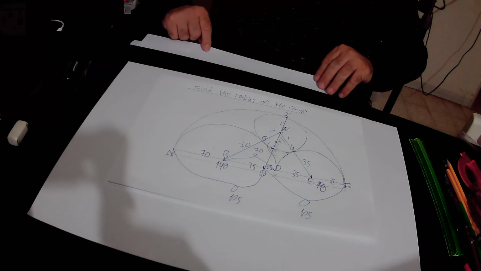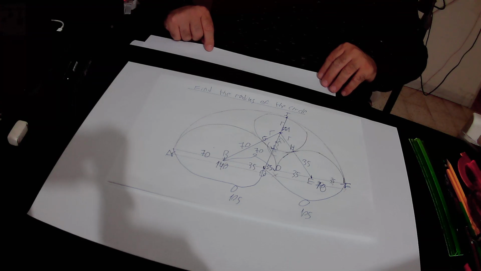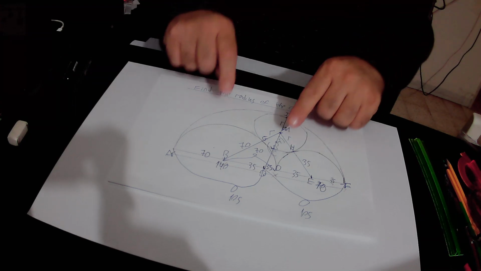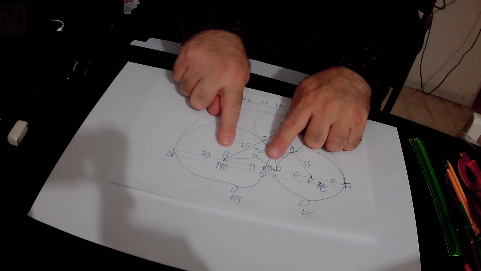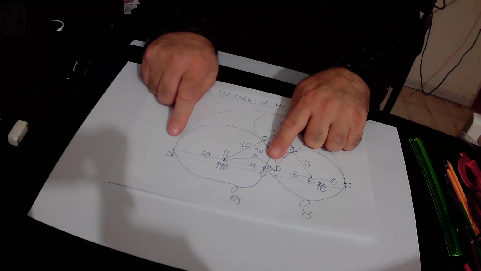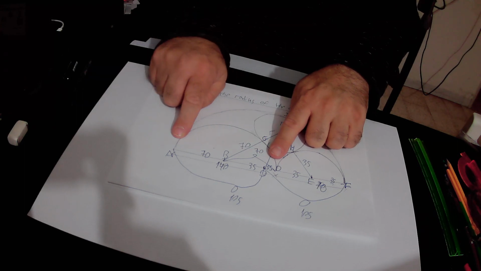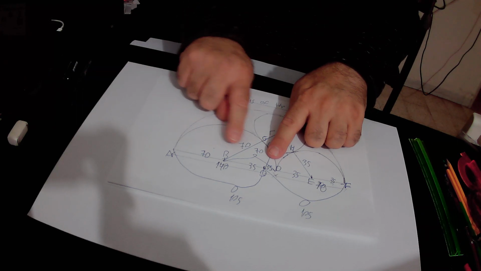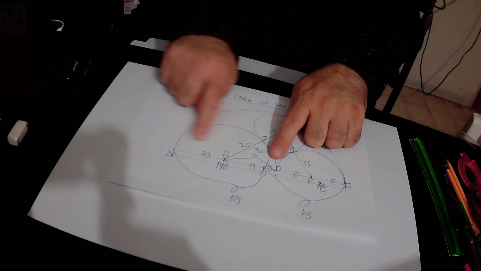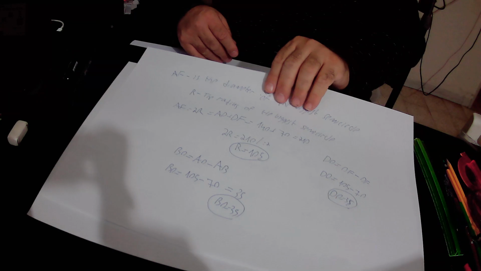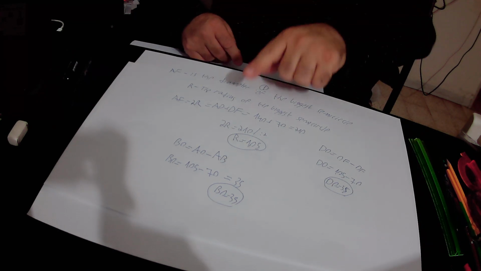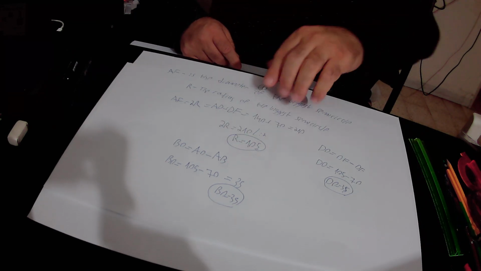And what is the length of line segment BO? From the drawing, it is very easy to see that BO equals AO minus AB.